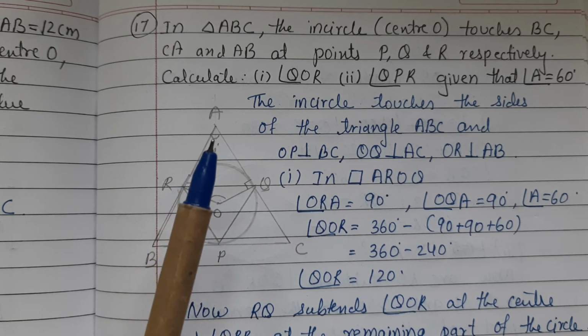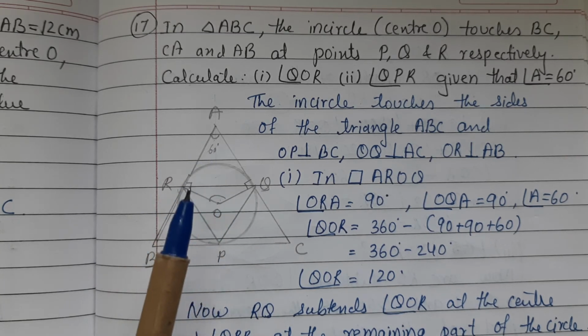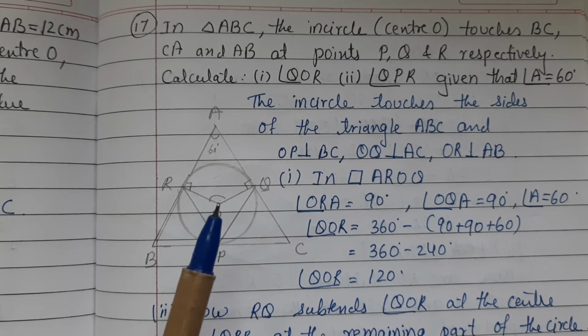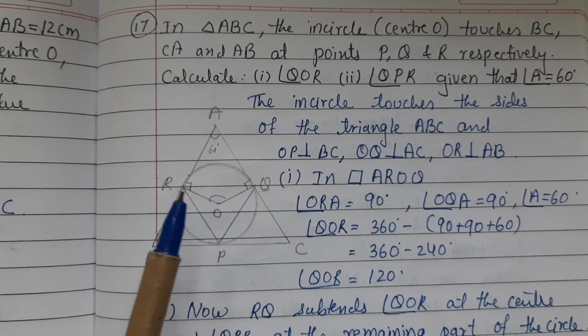Given angle A equal to 60 degrees. The incircle touches the sides of the triangle ABC and therefore OP is perpendicular to BC, OQ is perpendicular to AC, OR is perpendicular to AB.